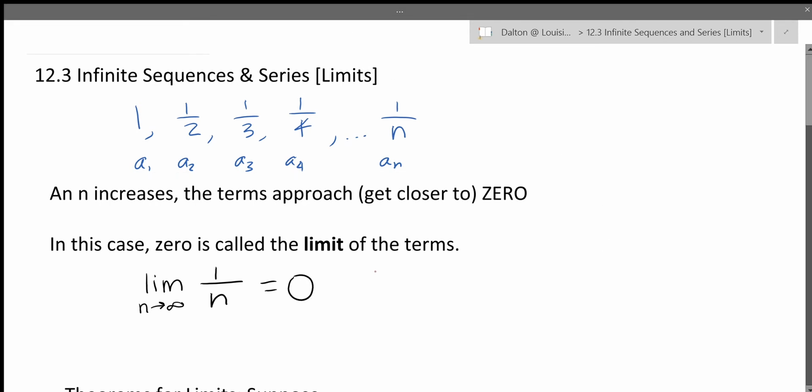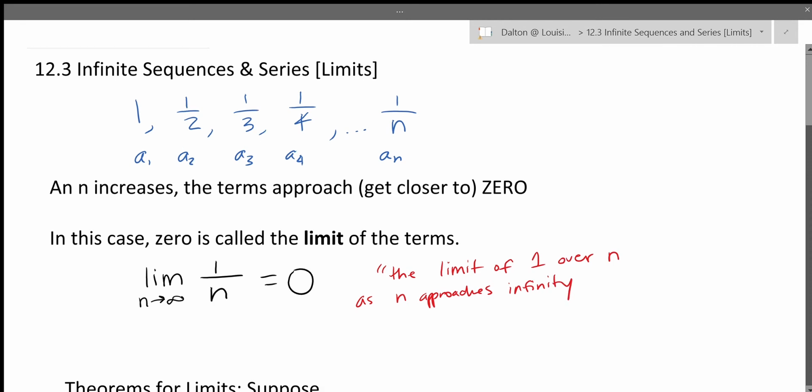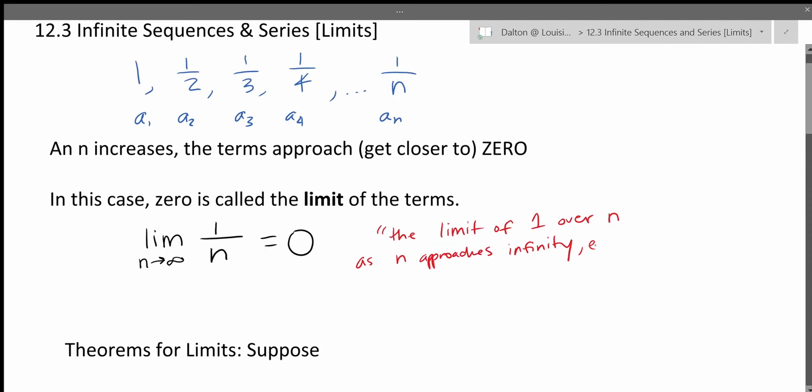The way that you say this, kind of like how we learned how to say log base b of a equals x, or f of x. This mathematical notation, if you see this, you would read it as the limit of your expression, 1 over n, as n approaches infinity, equals 0.